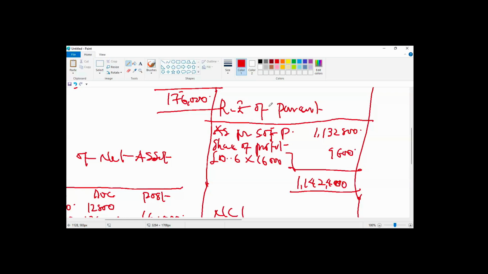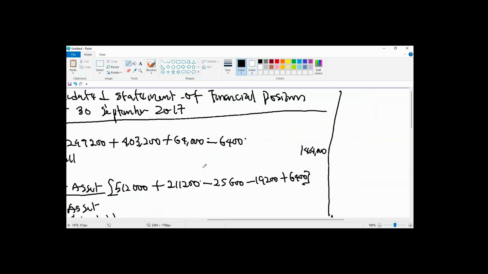I'll just take it to my statement of financial position immediately, my statement of financial position balance. The statement of profit or loss is a walkover.